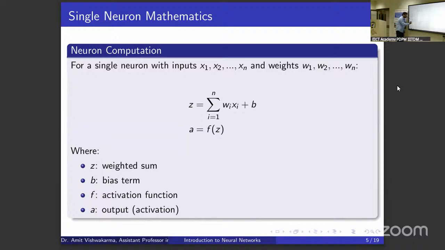So for farm one, I have to compute these two features. For farm two, I have to compute these two features. Let's say moisture and temperature, and similarly moisture and temperature. So this axis will represent moisture and this axis will represent temperature, right?